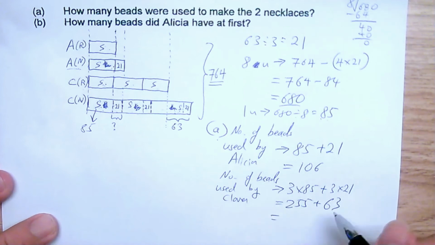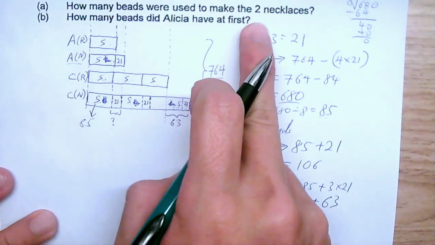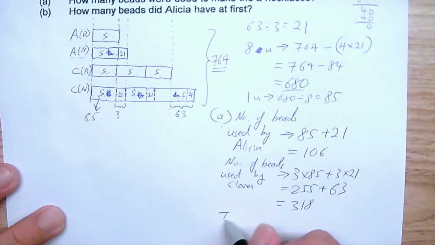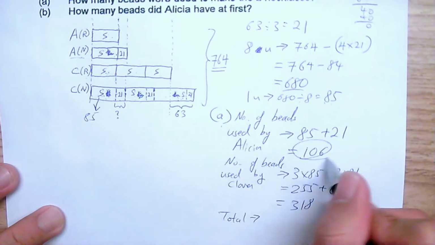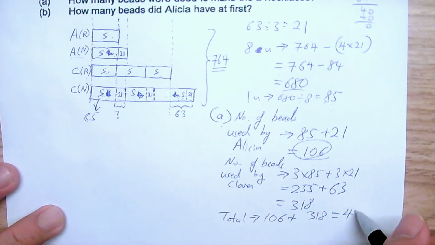So in total, 318. So the question is asking for how many beads were used to make the 2 necklaces, right? So what's the total? Total will be 106 plus 318, giving us a grand total of 424.